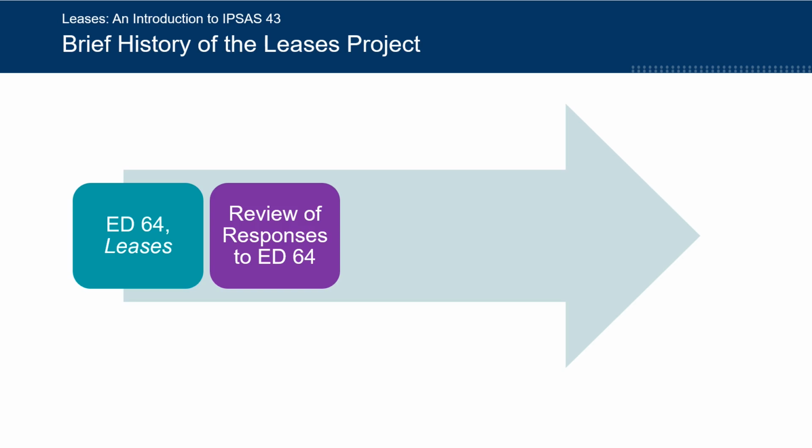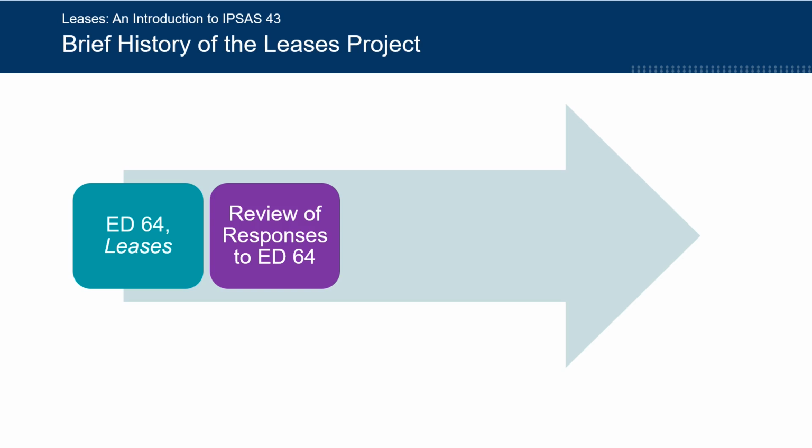On the other hand, respondents that did not agree with ED 64 proposals for lessor accounting did not have a unified view on the approach that should be adopted for lessor accounting and proposed a number of alternatives. The lack of consensus among respondents on the economics of and accounting for leases by lessors highlighted significant differences across jurisdictions.